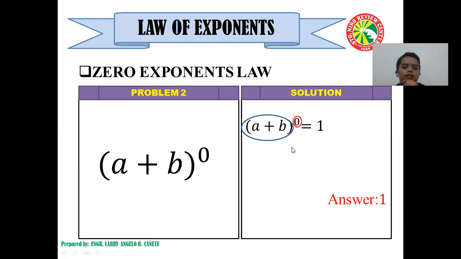That is why the final answer is 1. That is the zero exponent law. Any base raised to 0 is always equal to 1. That is for the first law.